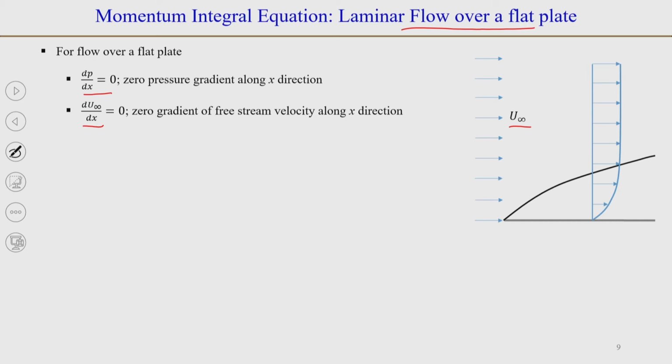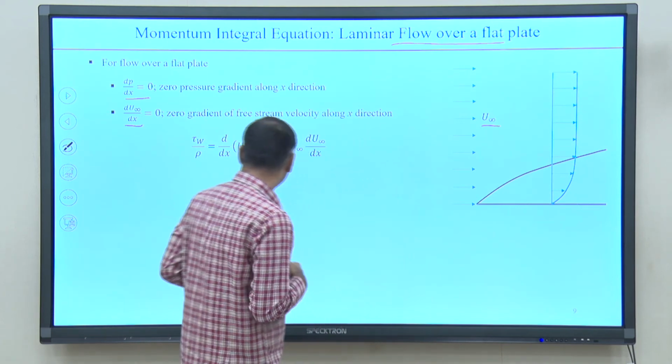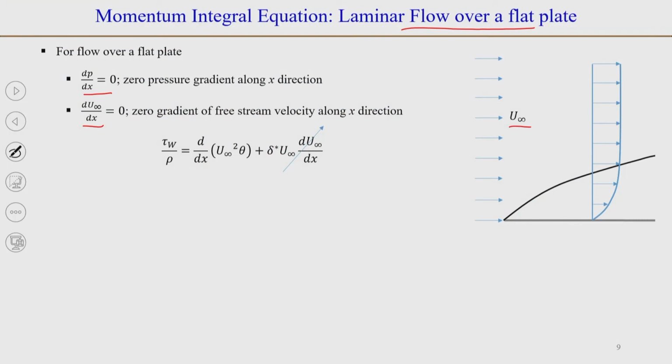It might be laminar or turbulent, but what we are going to consider is laminar flow over a flat plate, because we need to make an assumption about the velocity profile. So, let us assume that the velocity profile is parabolic here, but before we do that, we can write down this momentum integral equation and see that the second term here, which has du infinity by dx, is 0, because we have considered the flow over a flat plate.